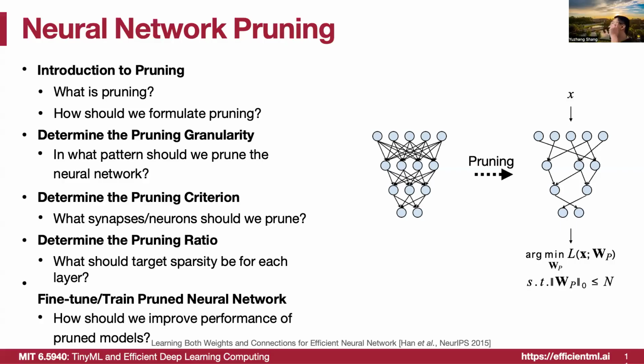On Monday, we briefly introduced what is pruning, what is sparsity, and in today's class, I have talked about the general pipeline for how we can get a well-performing pruned neural network. We talked about how we can choose a granularity, what the trade-off is between different granularities, and some criteria for choosing the pruning elements, right?